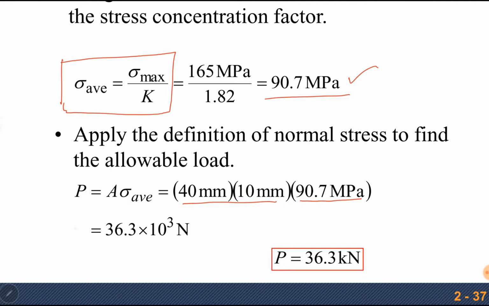So P becomes 36.3 times 10 to the power 3 newtons, or 36.3 kilonewtons. It is the largest allowable P, because we have taken the smallest area. From the smallest area we can find the largest stress, and that largest stress is caused by the largest force P. So we can find P from it. You cannot take this greater area in this calculation. You have to take the smaller one, so that we can find the larger stress.